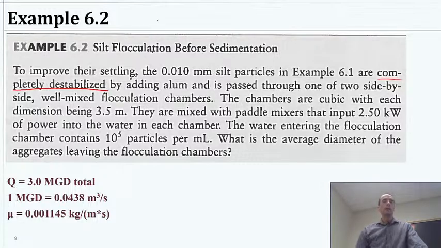I'll write up the equations we just covered in a moment, so you'll have those. The water entering the flocculation chamber contains 10 to the 5th particles per milliliter. And so the question is, what is the average diameter of the aggregates leaving the flocculation chamber? So we're trying to get the average diameter of aggregated particles.